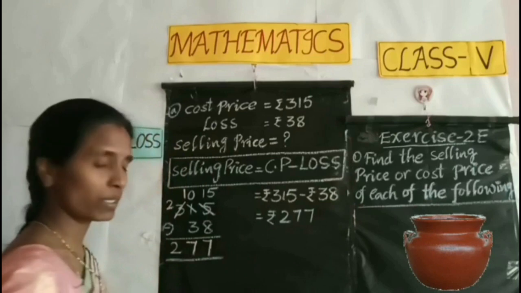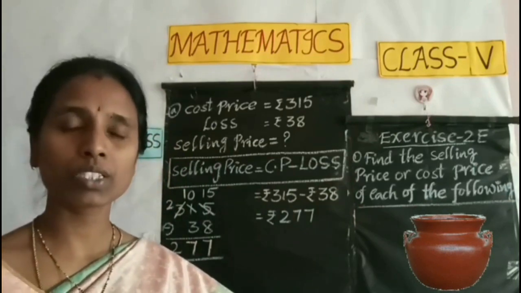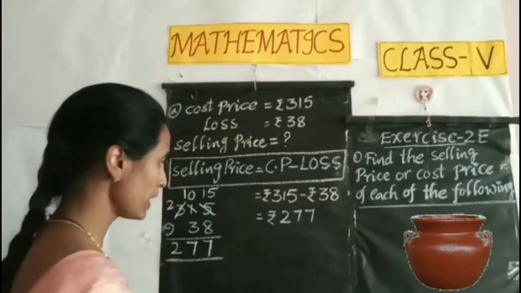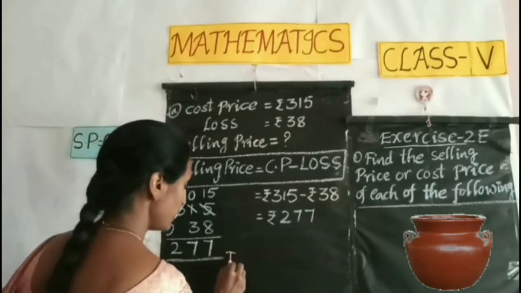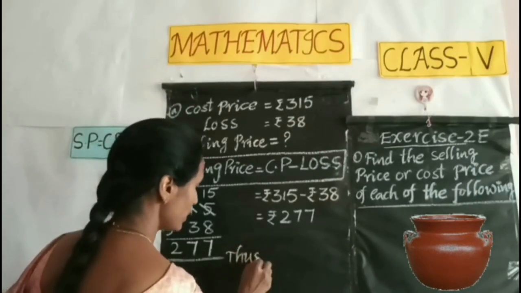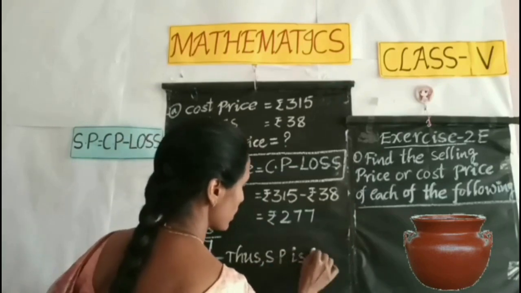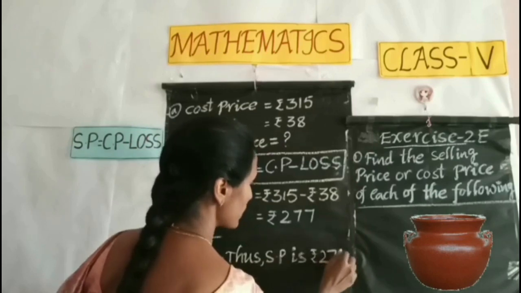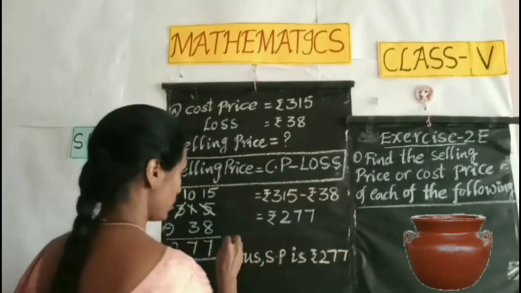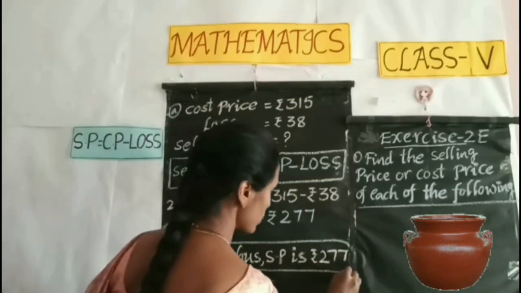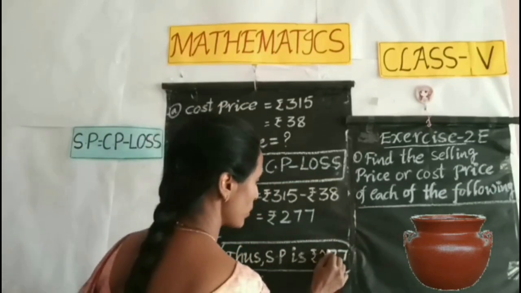277 rupees. What is the selling price of the pot, children? 277 rupees. So let us write the last statement. Thus, SP is 277 rupees. You can also write: selling price of the pot is 277 rupees.